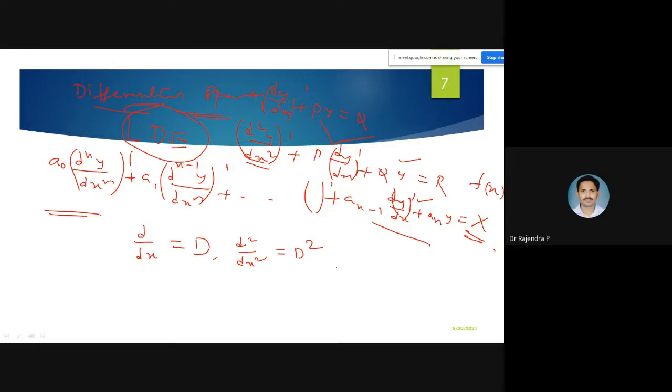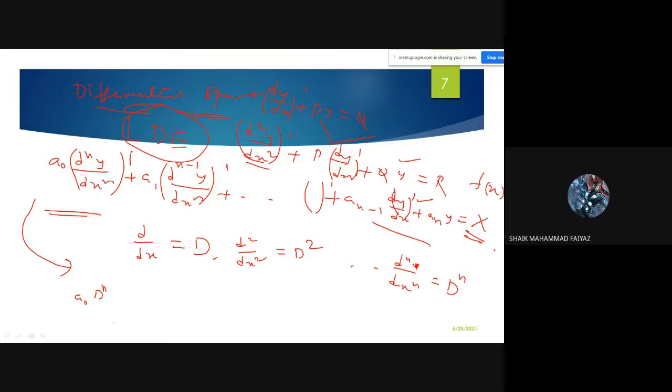I can continue. Suppose I have d power n by dx to the power of n, that I can write as D power n. So if I replace this in the equation, what am I going to get? Tell me anybody. A naught D power n into y is there, right?